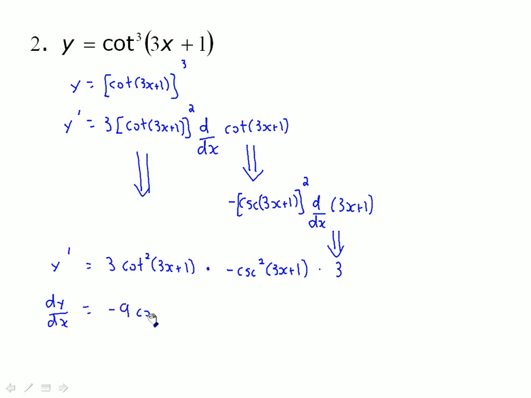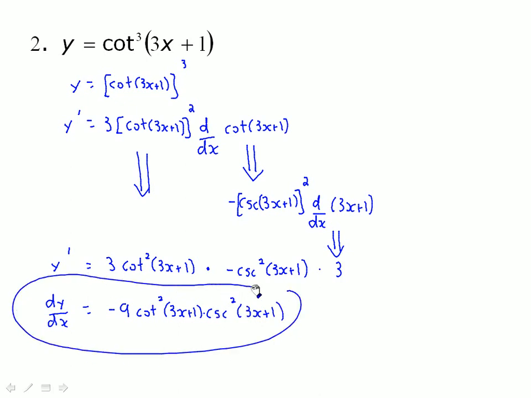And then the order doesn't matter, but it's going to be cotangent squared 3x plus 1, so got the exponent back where it was, multiplied by, so I put a dot for multiplication, but that is optional, multiplied by 3x plus 1. And there we have it. It's not difficult, but you must be careful with it.